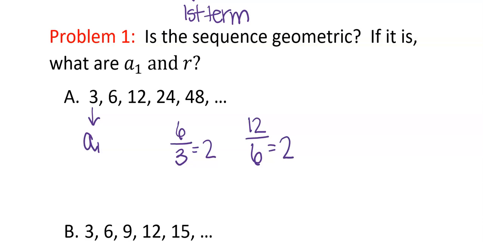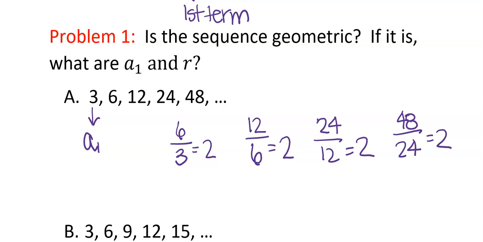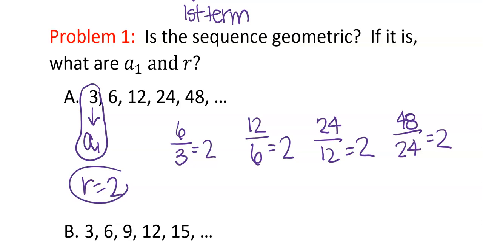So if you keep getting 2 throughout, it is a geometric sequence and your common ratio is 2. So 24 divided by 12 is also 2, and then 48 divided by 24 is 2. So our common ratio is 2, and our first term is 3.